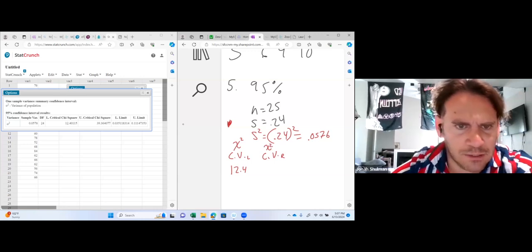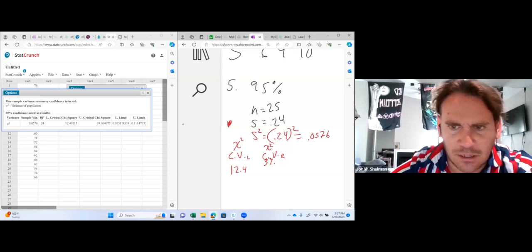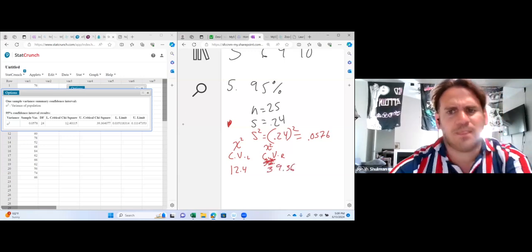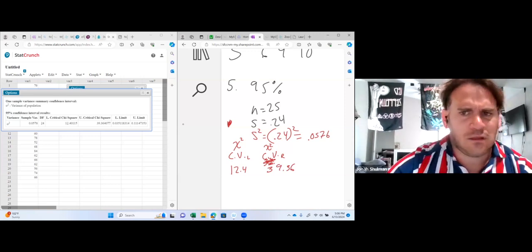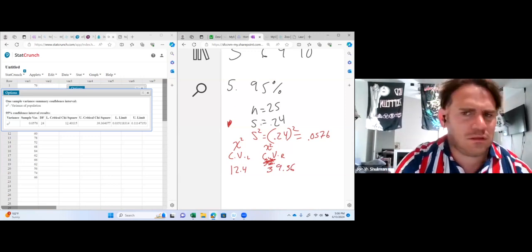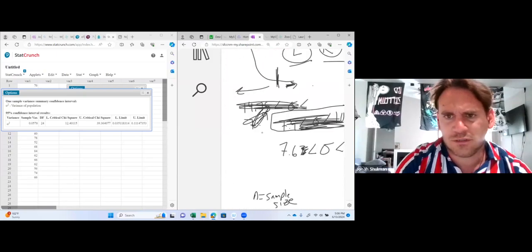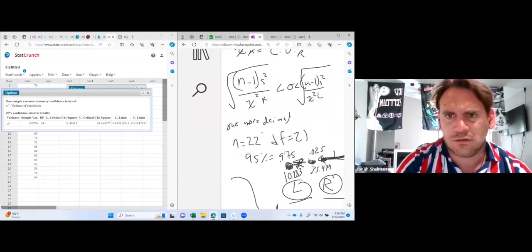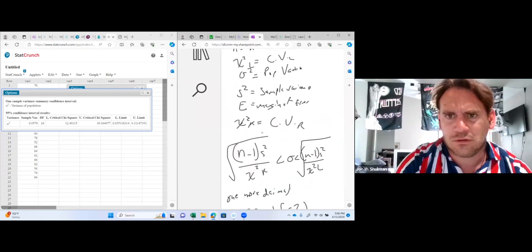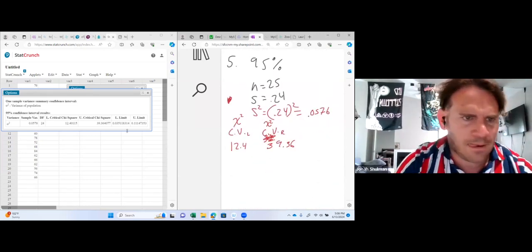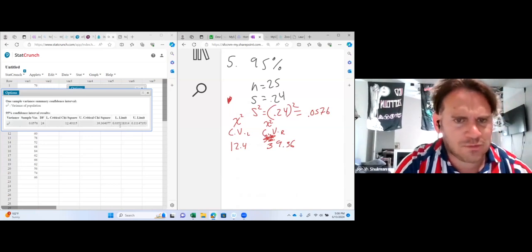The critical value for the right is going to be 39.36. s is the standard deviation. s squared is the variance. Okay, so I did everything right. This is our variance, so we actually have to square root these two to get the final answer.